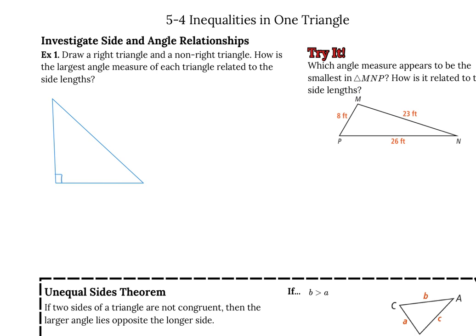So our right triangle, our largest angle is the right angle, because these two angles would be smaller. And then our largest side is opposite.